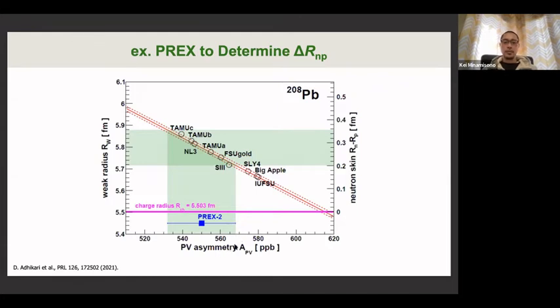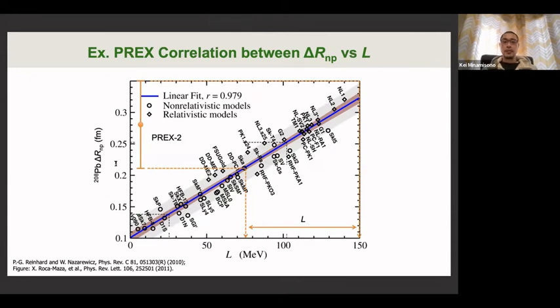And then once we translate this information into the neutron skin, we need help from the theoretical calculations. The model dependence kicks in. So here they show a bunch of theoretical calculations, and that shows a very linear trend, a nice correlation. And using this correlation, the experimental information can be transferred to the information about the neutron skin. And then the neutron skin information again is correlated through many theoretical calculations to the size of the slope parameter L. So this is typically how we deduce the information about the slope parameter from experimental measurements.